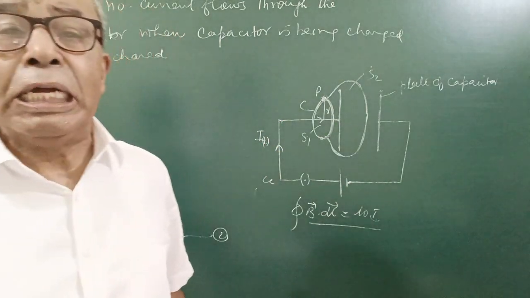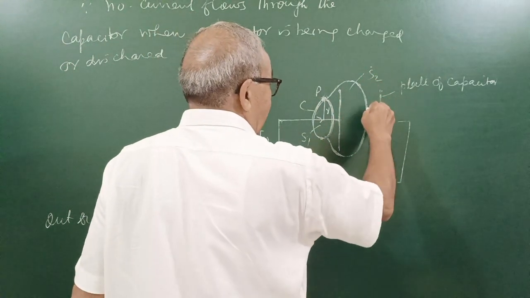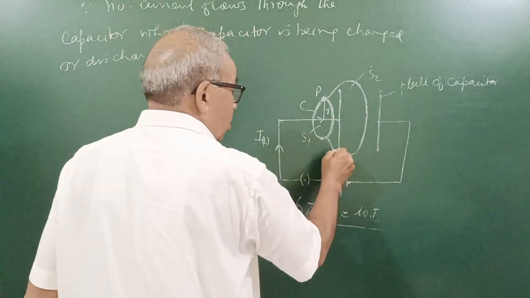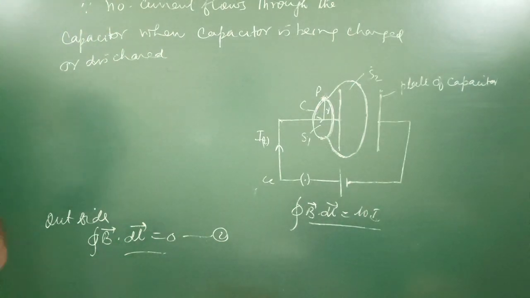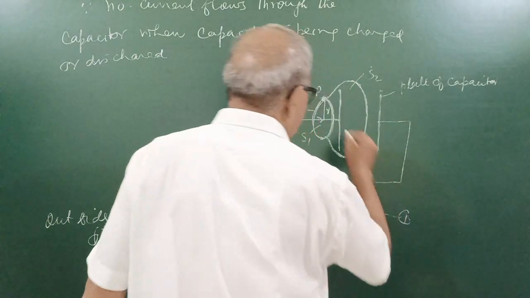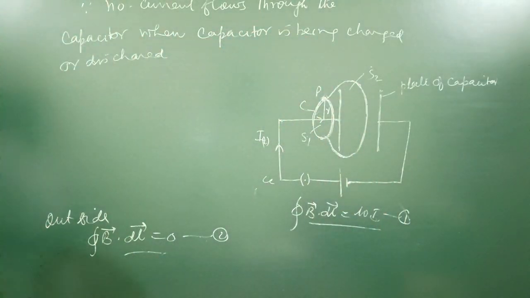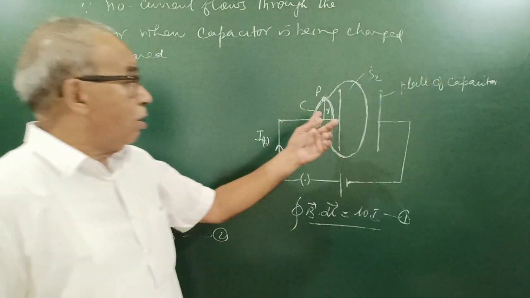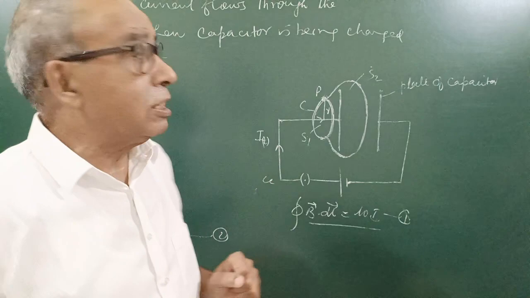So this is called an inconsistency in applying Ampere's circuital law. Equation 1 tells us here that there is a magnetic field. The other equation tells us here that there is no magnetic field, while the field is actually there. Then how to remove this inconsistency?